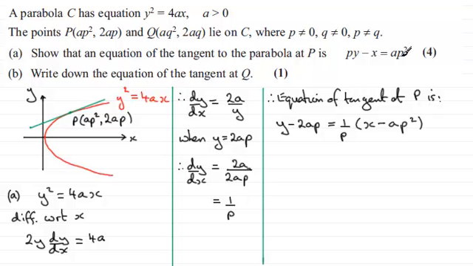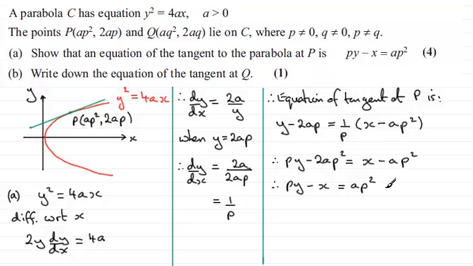Now to get it towards this form, we just need to get rid of the fraction p, so I'm going to multiply throughout by p, and that gives us py minus 2ap squared equals the 1 times x minus ap squared. And if we add 2ap squared to both sides and take away x from both sides, we end up with what we had to show: py minus x equals ap squared.